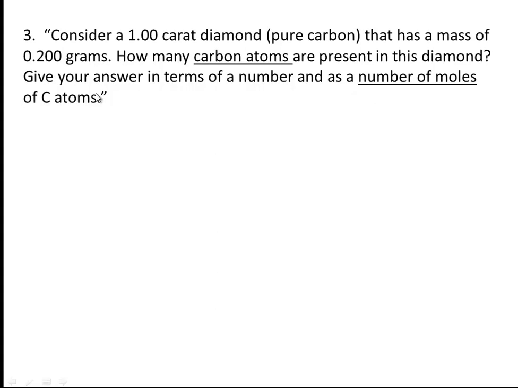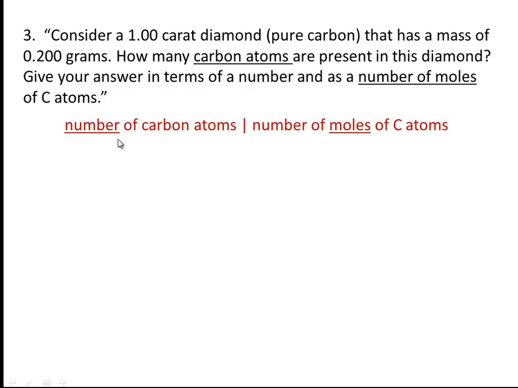So the 2 questions are, if you've got 2/10 of a gram of diamond, how many carbon atoms are in that sample, and how many moles are in that sample. That's what it boils down to. I want to start with the moles. That's probably the easier place to start.